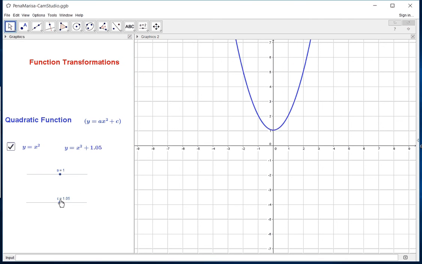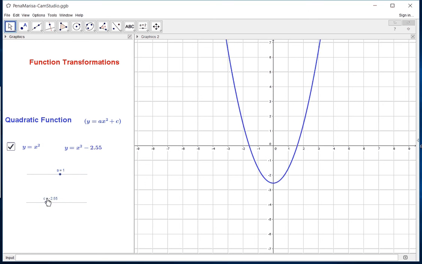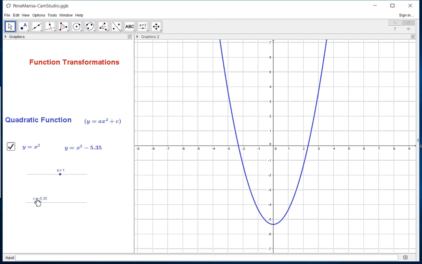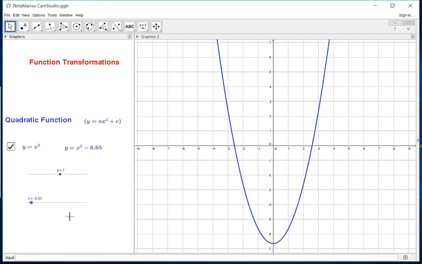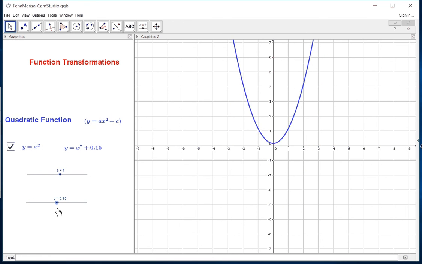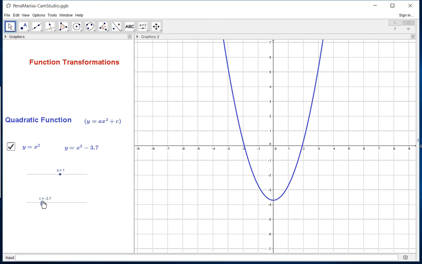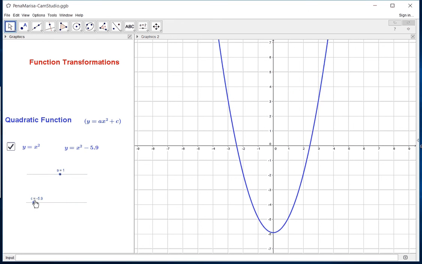As I go down to the negative side, our graph is being shifted downward in the negative direction. We can see that the vertex, in other words, this point of our parabola, is either going to be shifted up or down, depending on what c is. So if I go in the positive direction, it's being shifted upward. In the negative direction, it is being shifted downward.